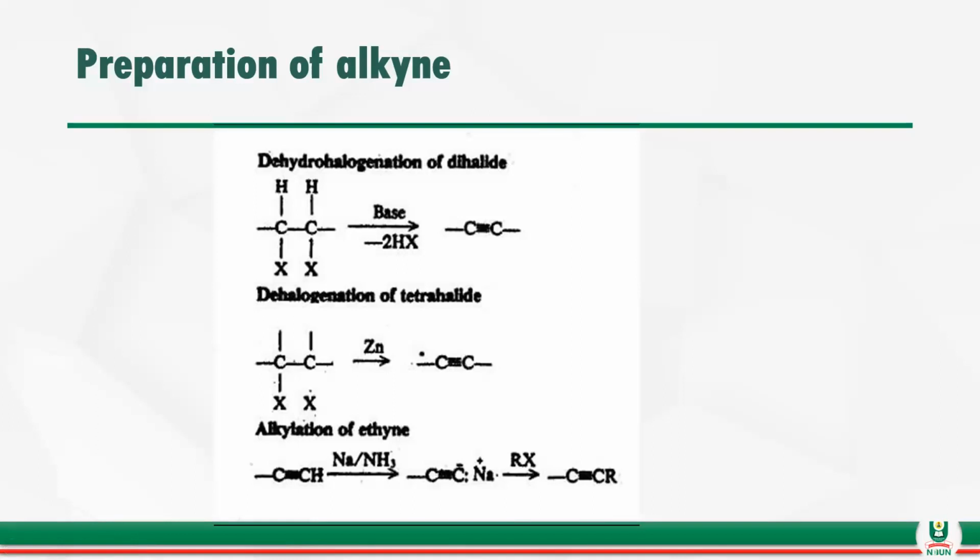But once you have a dihalide here, what we are preparing is an alkyne. And then you just use a base. This base removes 2 molecules of hydrogen halide, HX. And once the 2 molecules of hydrogen halide are removed, there is formation of 2 pi bonds, and you can see that here in the alkyne.